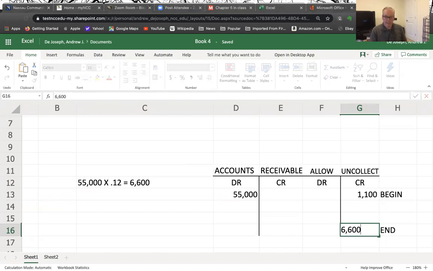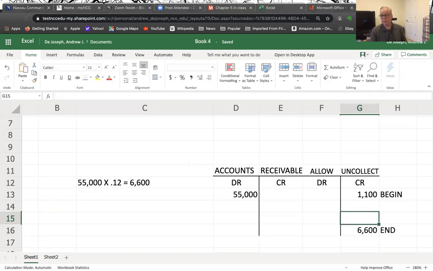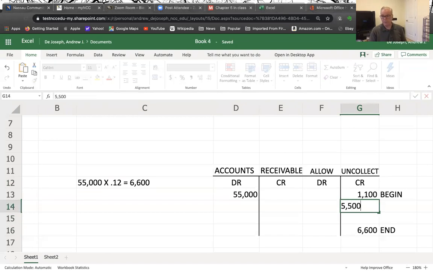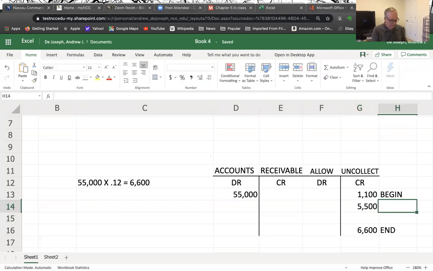Okay. So that's the number we want to appear here. So we want the ending balance to be 6,600. So how much does our adjustment have to be for? It has to be for a number that takes you from 1,100 to 6,600. That number is 5,500, right? That's the amount of the adjustment, 5,500.